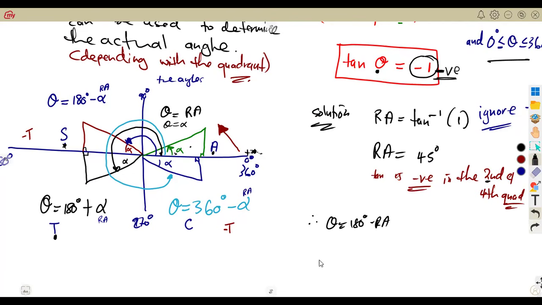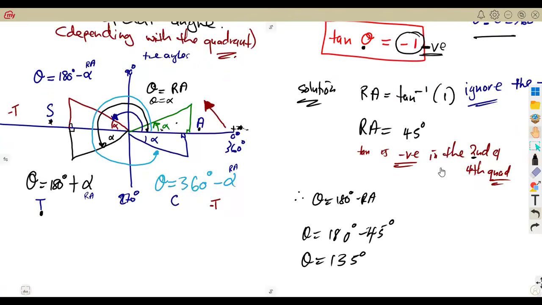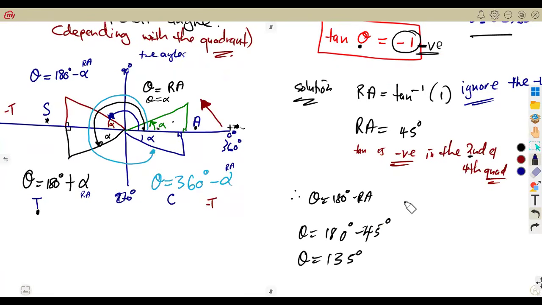You're just going to substitute 180 minus the reference angle, which is 45 degrees. So theta there was going to be 135 degrees. Same concept.